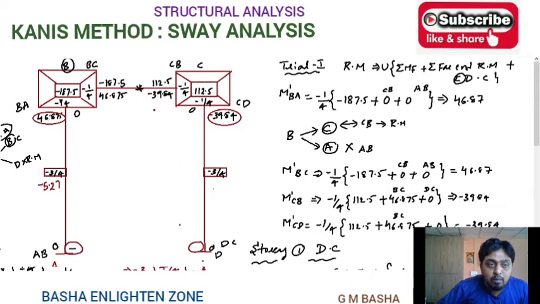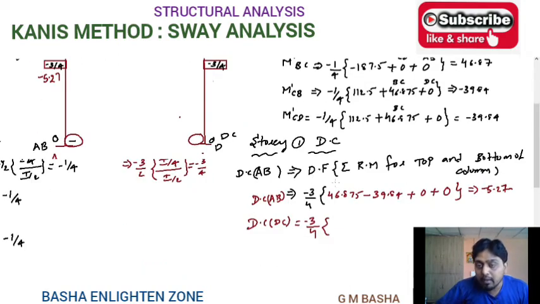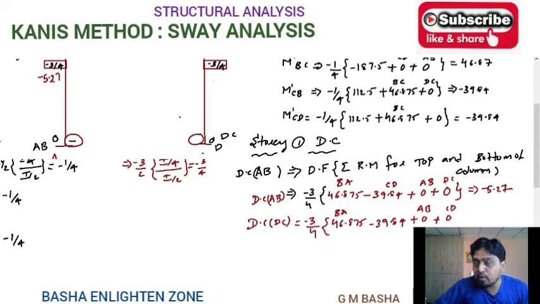So you will get the same moments, BA plus CD. So I will write down that value also here, BA and CD. BA value will be equal to 46.875 minus 39.84, and bottom of the columns is always 0, both at AB and CD.